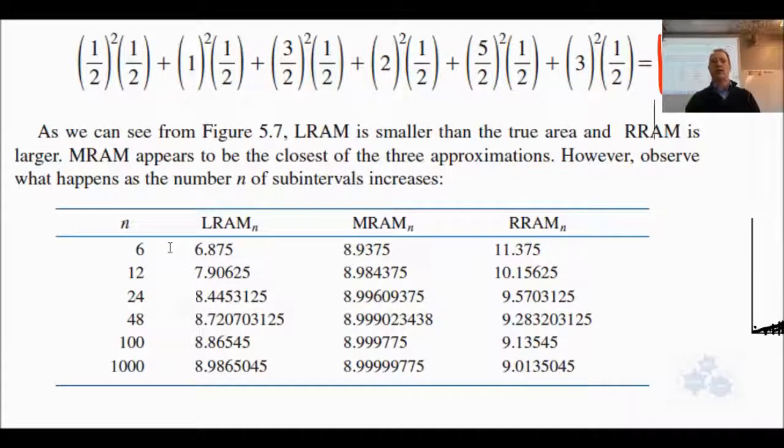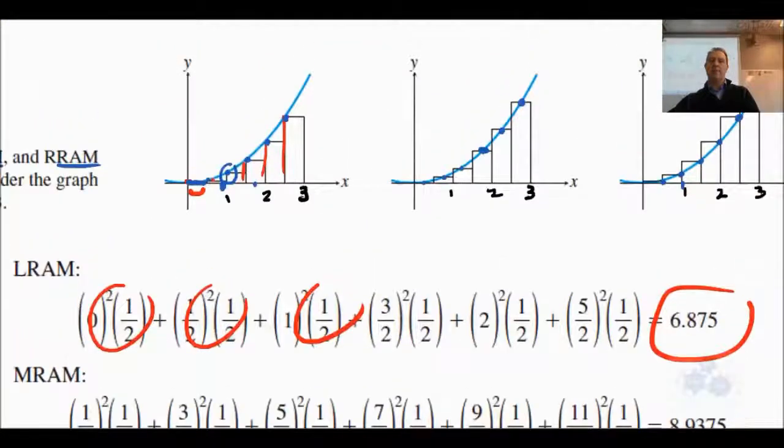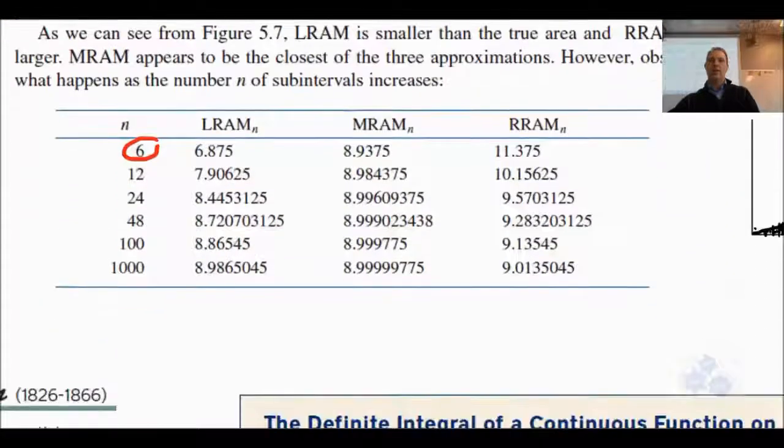So this chart says this. If we had 6 rectangles, this would be the estimated area, which I think is what we have just above. So with 6 rectangles, as in the diagram, 1, 2, 3, 4, 5, 6, these are the areas: 3.6, 6.8, 8.9, 11. But as the number of rectangles gets larger and larger, think about what it would look like if there were 1,000 rectangles.